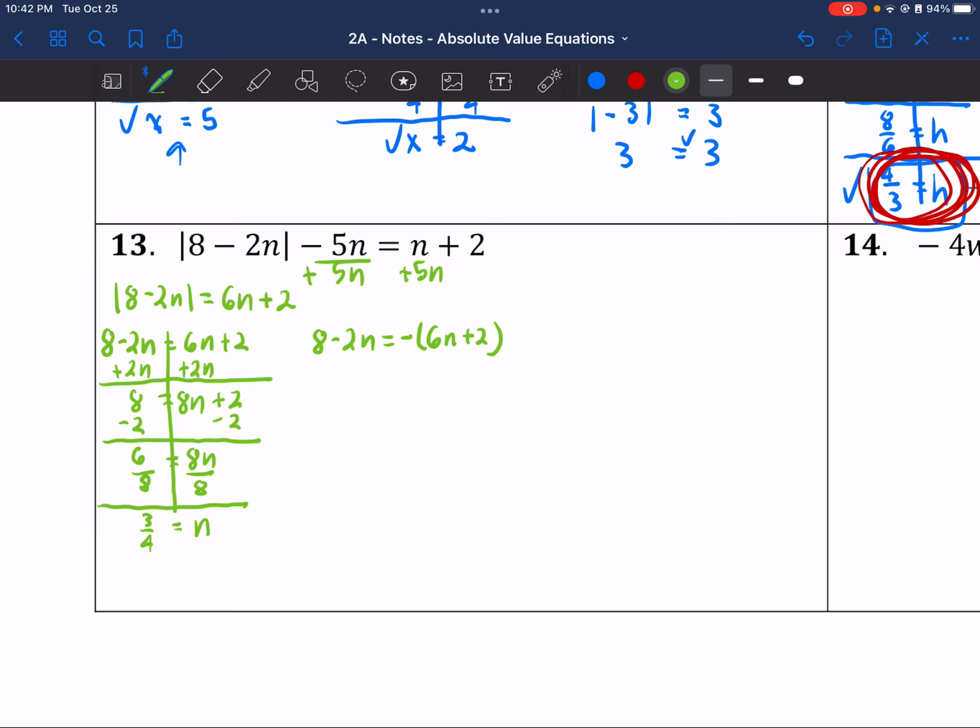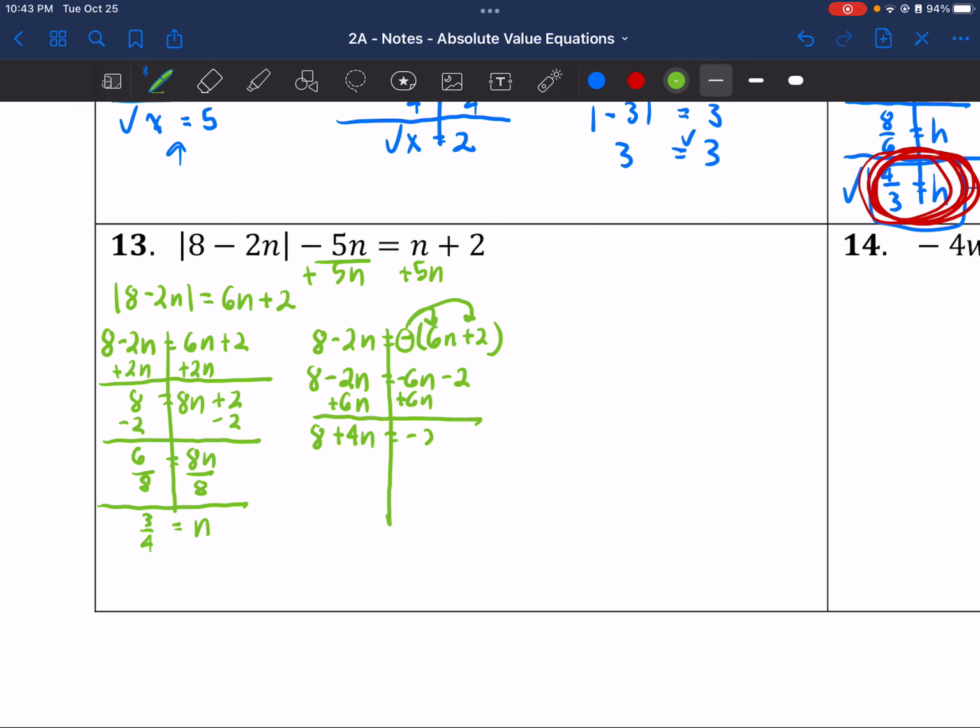Now we want to deal with our right side equation. We're going to distribute this negative into our expression. So we get 8 minus 2n is equal to negative 6n minus 2. We're going to add 6n to both sides because we want our n's always to be positive. Negative 2n plus 6n gives me positive 4n.